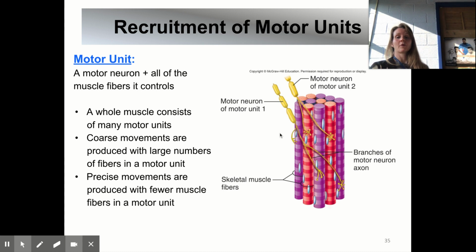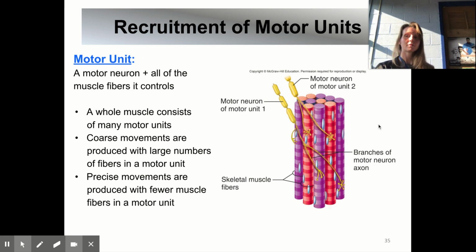The more branches you have out, the greater the control and the greater the contraction. If we just recruit this motor neuron right here, it's only going to activate a couple of muscle fibers.